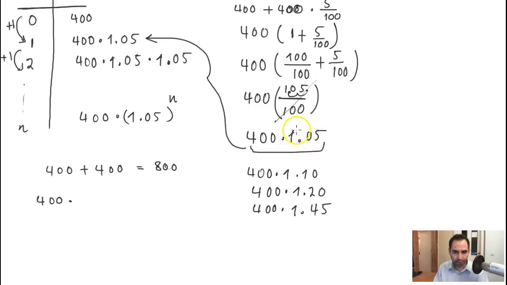You can see that here, for example, increasing by 5% becomes 1.05, and so increasing by 100% becomes multiplied by 2. 1.05 becomes 2 for 100%. And so then it becomes 800, which is what we got here.